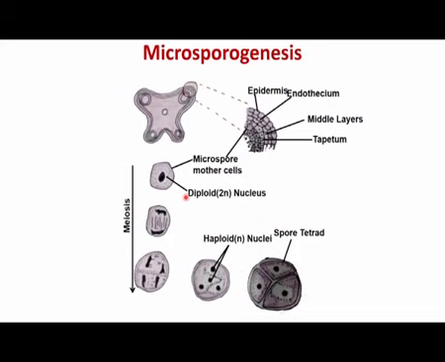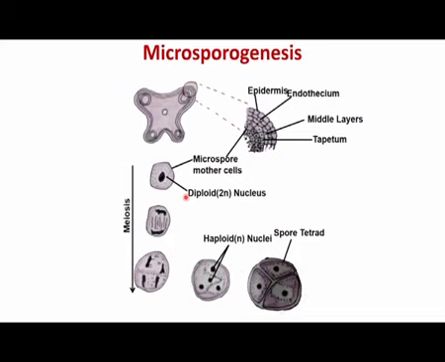So you can see that there are multiple mother cells present within the sporogenous tissue, and these mother cells are separated from each other by a layer of callose, and that gives you single individual microspore mother cells. These then go for reduction division, because they are diploid cells.